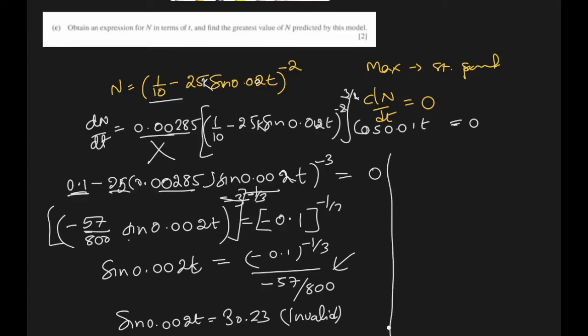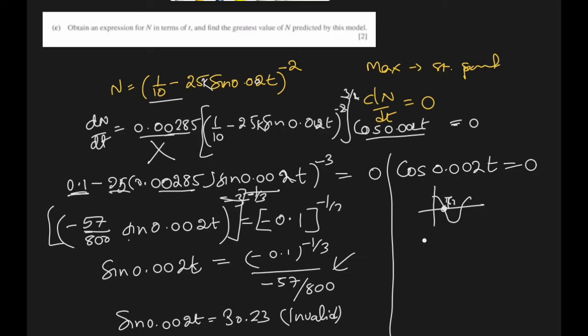That means the only option left with us is this, cos 0.002t. Oh, I'm writing one less 0 every time, equal to 0. Okay, if we look at the graph of cos, it is 0 at pi by 2 first.